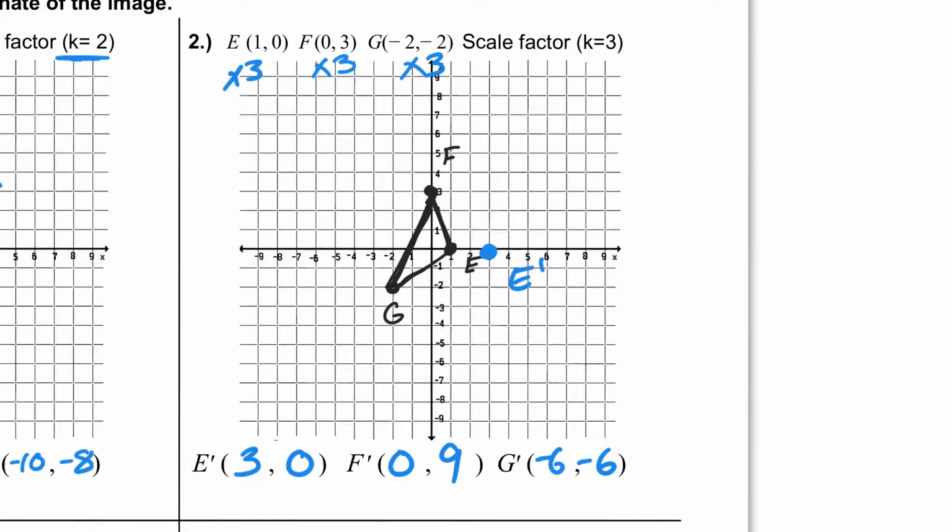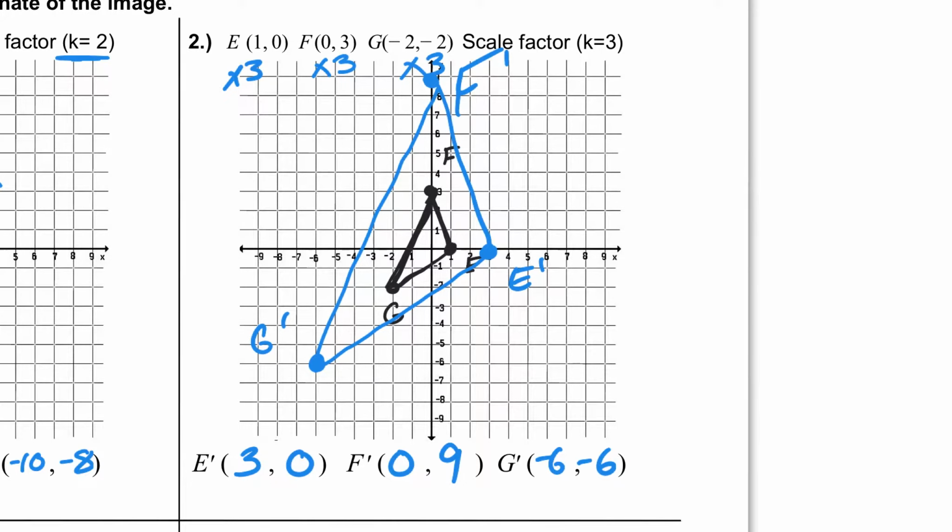F prime is 0, 9, so that's all the way up here. And G prime, negative 6, negative 6, down in our third quadrant. And I would recommend, once again, use a ruler to connect your dots to create your image. But you get the idea there that we have an enlarged image of our original figure.